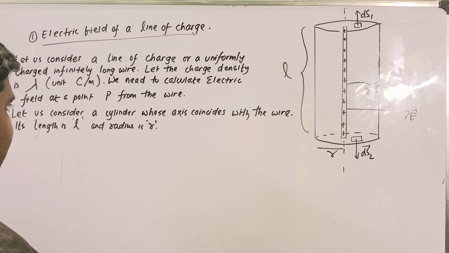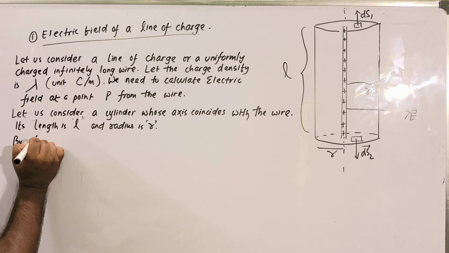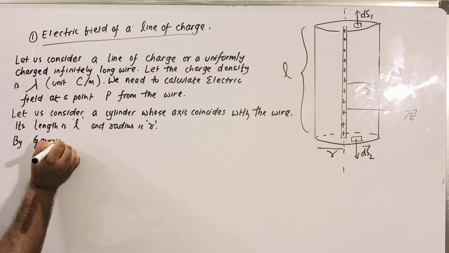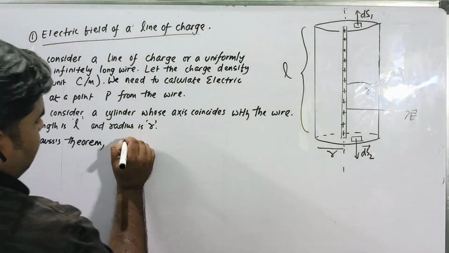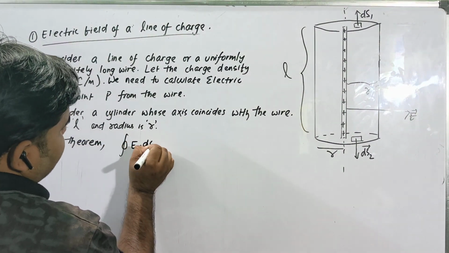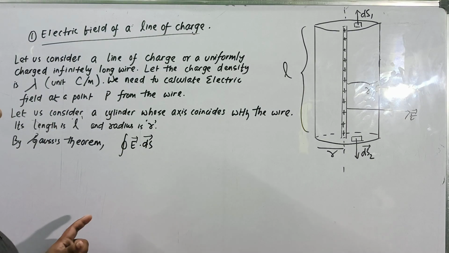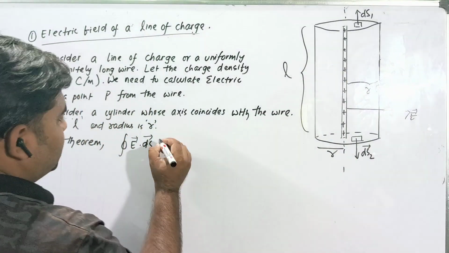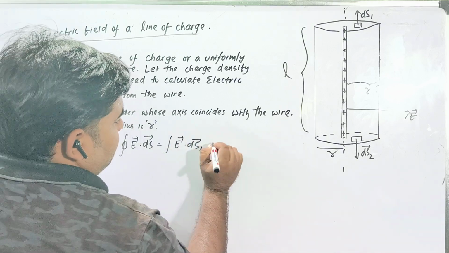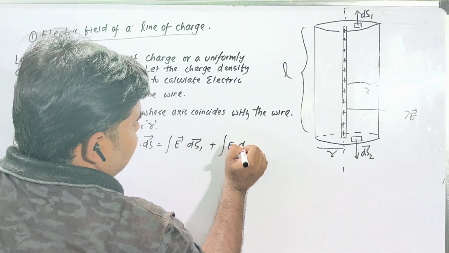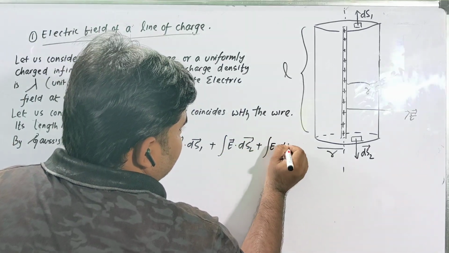So to calculate the electric field by Gauss's theorem, we are going to calculate the flux E dot ds through every surface. So first of all, it should be E dot ds1 plus E dot ds2 plus E dot ds3.